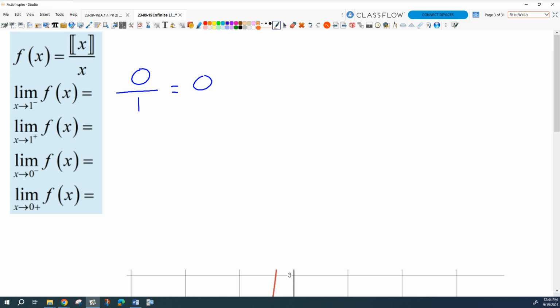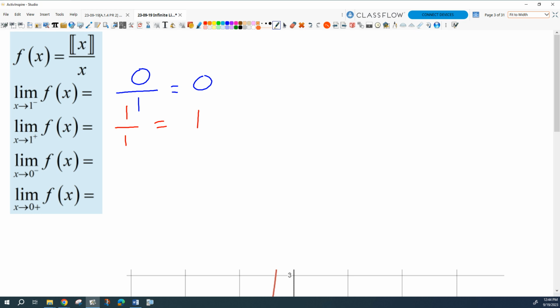What if I approach 1 from the right? What's that going to give me? That's like 1 point something. 1 on top and what on the bottom? 1, yeah. So my output is 1.